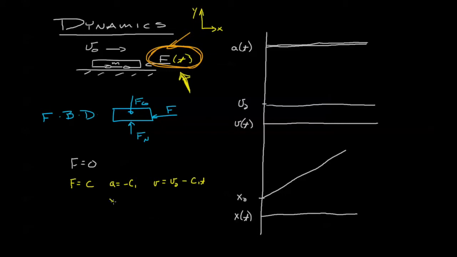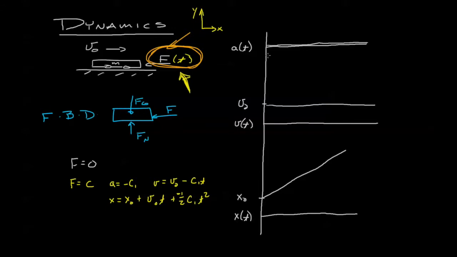And finally, its position is going to be the original position plus v naught t plus 1/2 c1 t squared, and that's actually a negative c1 t squared. And that would look like this.